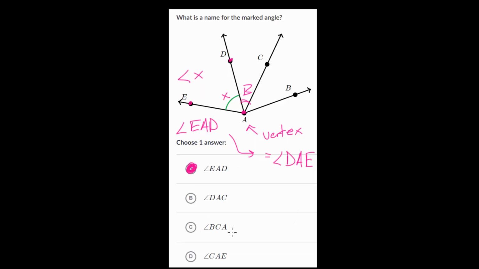And angle BCA, so B to C to A, that angle is not even drawn. That would be this angle right there. That's choice letter C. And letter D, CAE, that is this big angle there. So that is choice letter D. But for this example problem, this first choice here, letter A, is the correct answer.